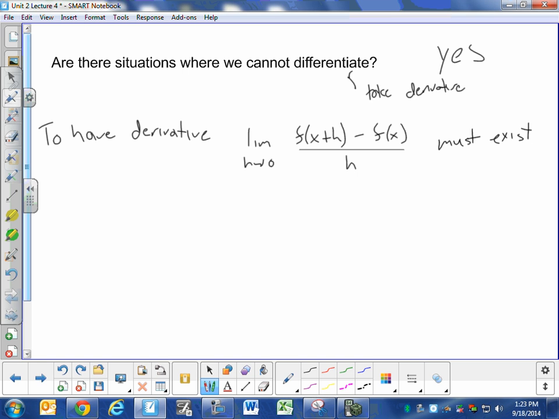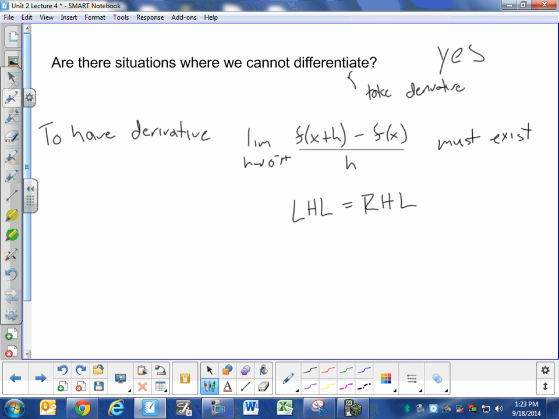When do derivatives exist? What was that? When the denominator is not equal. No, not necessarily. Let's think about one-sided limits, Kaiser. The limit from the right equals the limit from the left. Exactly. That means the left-hand limit must equal the right-hand limit. So as h approaches 0 from the right and from the left, those values must be the same.